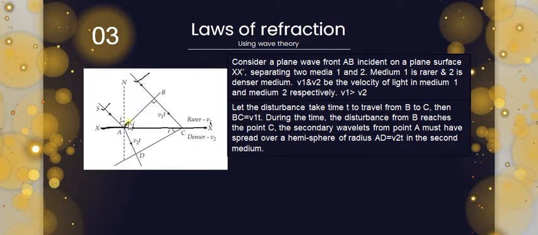So this AB is my incident wavefront and this is my refracted wavefront and this is my refracted ray. See, I have indicated the angle made by the incident wavefront with the interface as i and the angle made by the refracted wavefront with the interface as r.